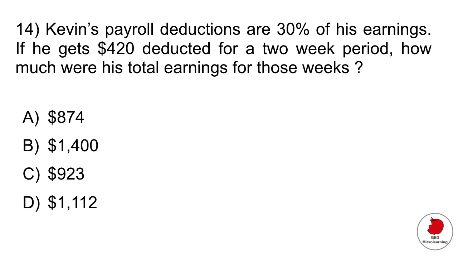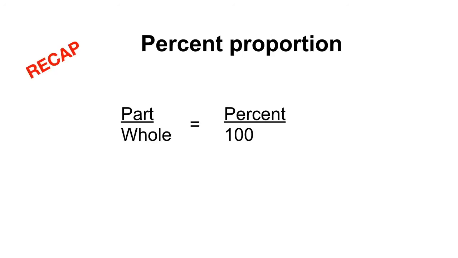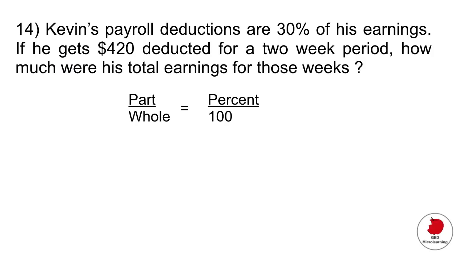Okay, question 14. It says Kevin's payroll deductions are 30% of his earnings. If he gets $420 deducted for a 2-week period, how much were his total earnings for those weeks? Here we're going to set up a proportion like this, where this is the equation that you're going to use. We know that the part, meaning how much he got deducted, was 420, and we need to find out the whole, or his total earnings.